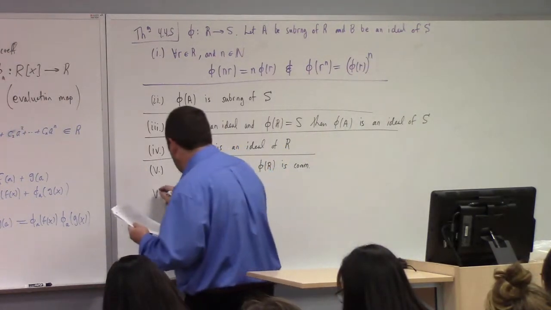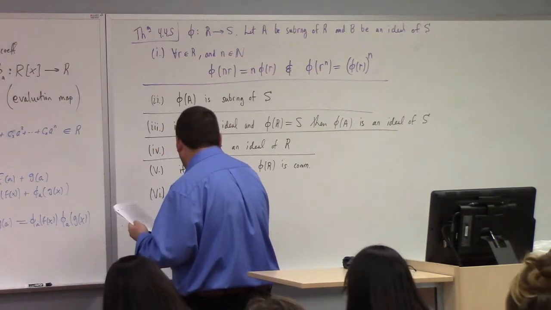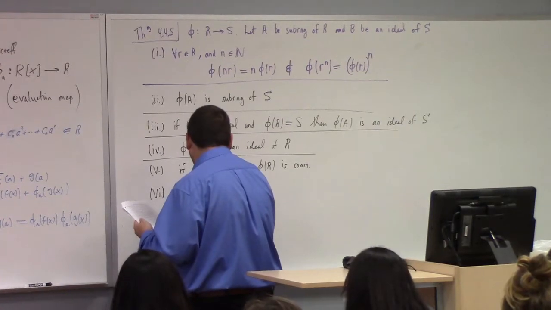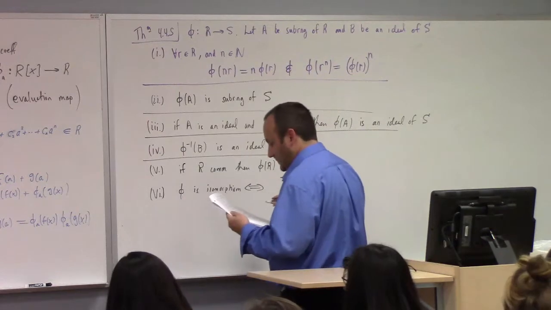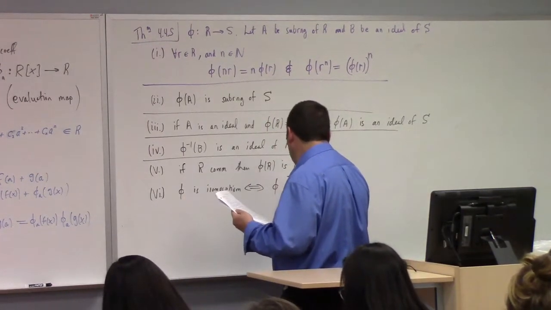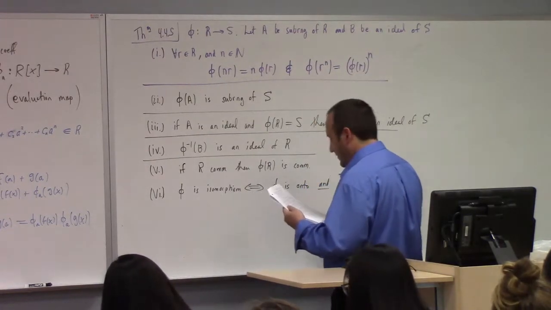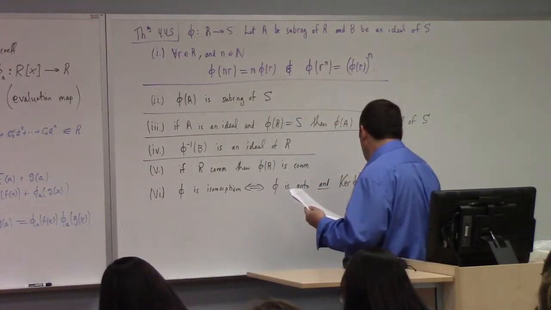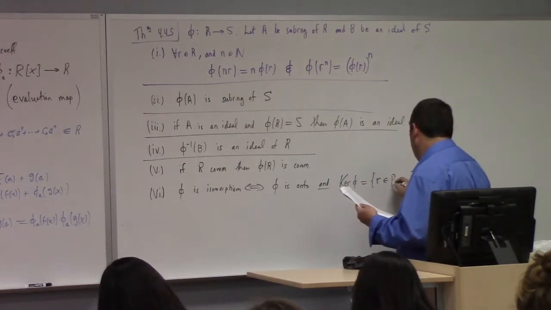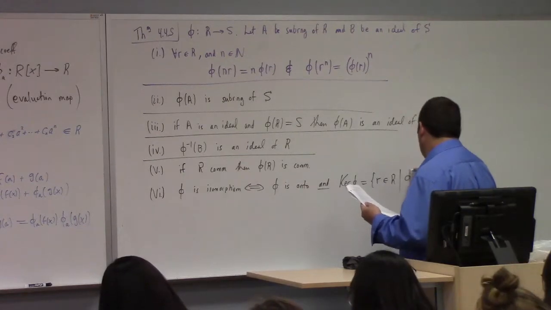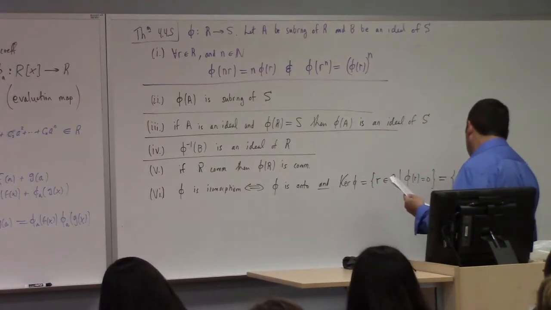Finally, 6, actually it's next to finally. 6, phi is an isomorphism if and only if phi is surjective, phi is onto, and the kernel of phi is equal to the set of r in R such that phi of r is equal to 0, and that is 0.